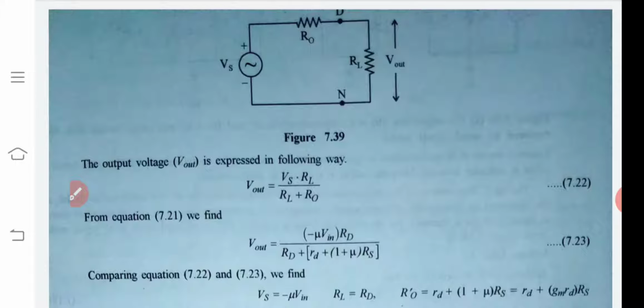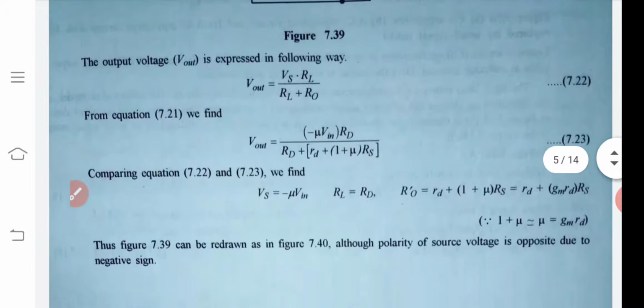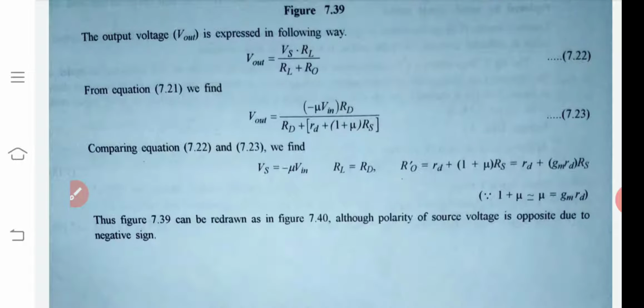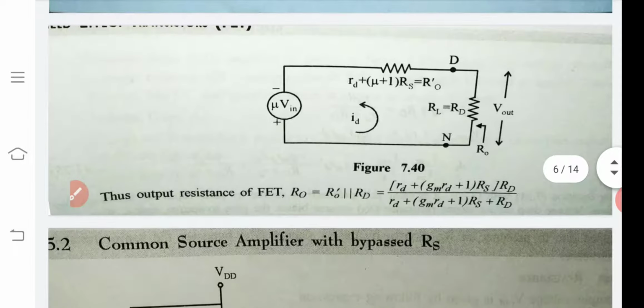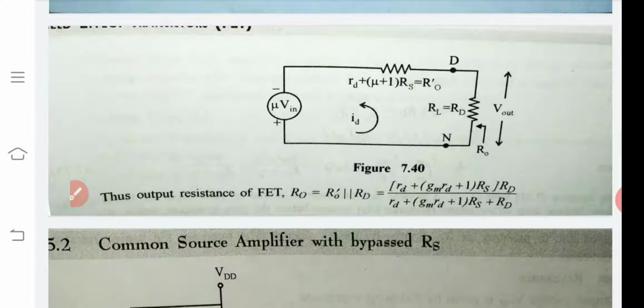Vout, we use the voltage divider formula here. Vout is RL into Vs upon RL plus r node. We put the equation of Vs from the first equation and calculate Vout. And this is the final diagram.